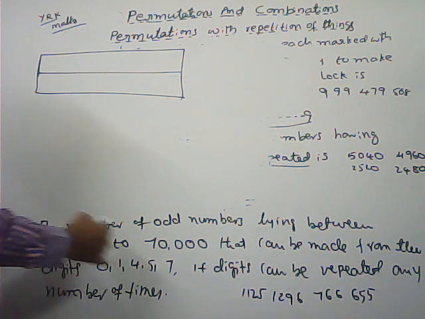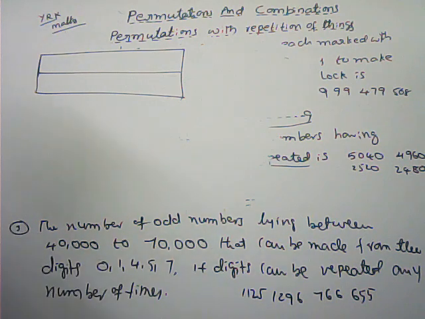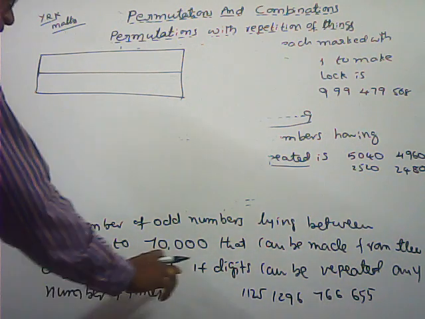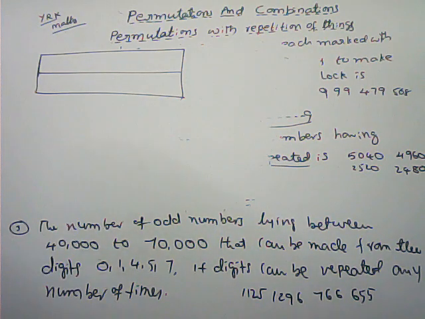In between 4 and 7, what digits are there here? Only 4 and 5 are there. If the digits can be repeated any number of times, now here we want 5-digit numbers, and odd numbers also we want.